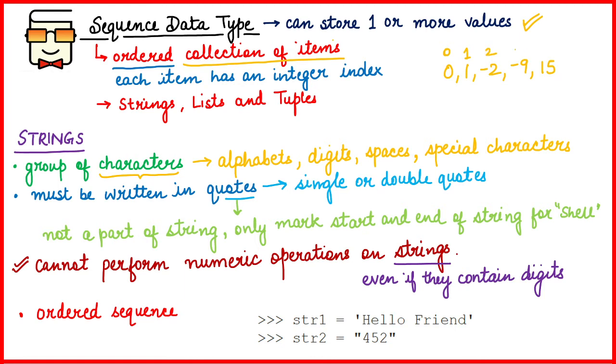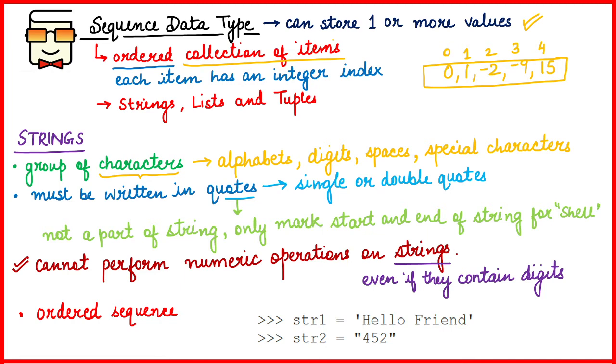The second value will have another position associated with it, and these positions help us to access these values in the sequential data type. The positions are also known as indexes, or indices.